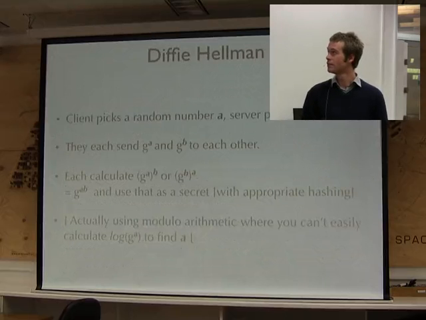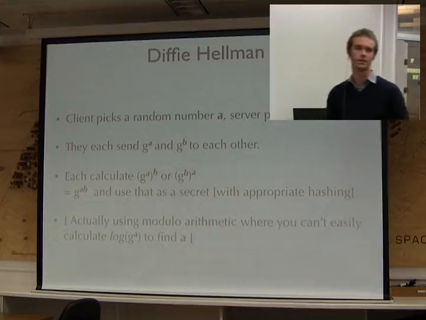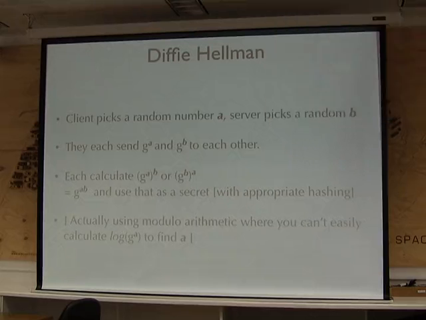The key exchange itself, I wasn't sure whether to put this up, but I think it's quite an elegant thing. I don't know how many people know how Diffie-Hellman works. If you have two sides and they want to generate a secret number that they both know but no one seeing the exchange can work out, they each pick a number, they each send G, which is a magic number, we'll assume there's properties to it, to the power of something and send it to the other side, and the same the other way.